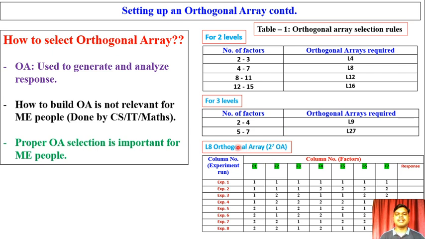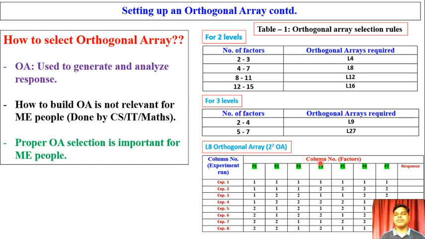Okay, so here is an example of L8 orthogonal array in which L8 represents the number of test runs or experiments to be done, and this represents a 2 to the power 7 orthogonal array. It means two levels and 7 factors. So we can check from here. 1111 is the low level, 2222 is the high level here also. So we can observe from here that the low levels as well as high levels in a particular column as well as in every column are balanced.